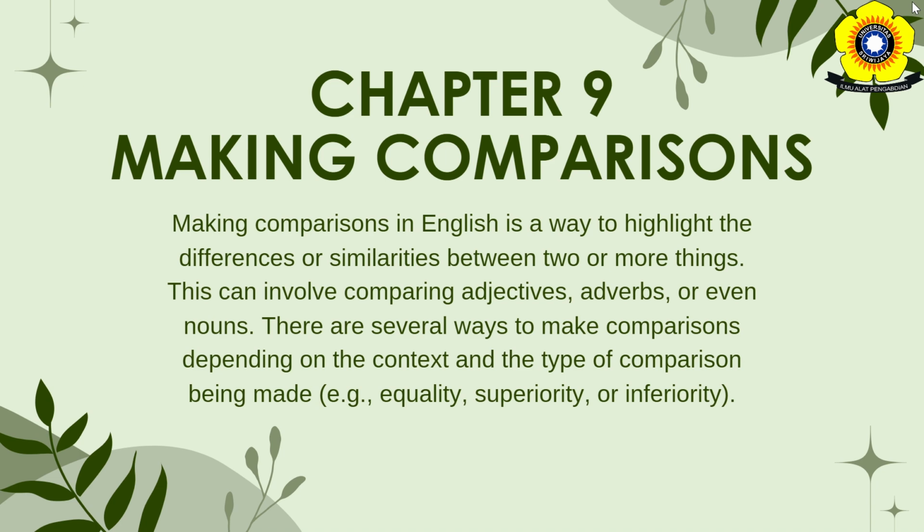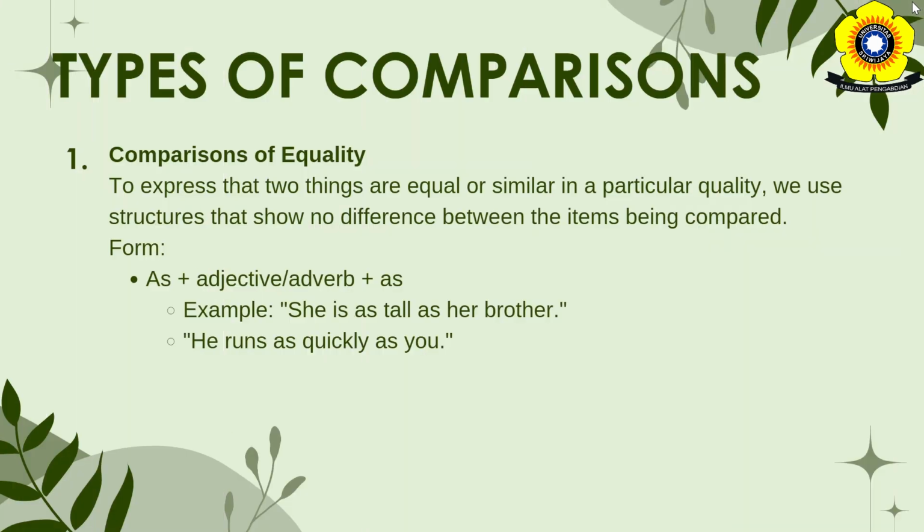Examples: equality, superiority, or inferiority. Types of comparisons. 1. Comparisons of equality. To express that two things are equal or similar in a particular quality, we use structures that show no difference between the items being compared.